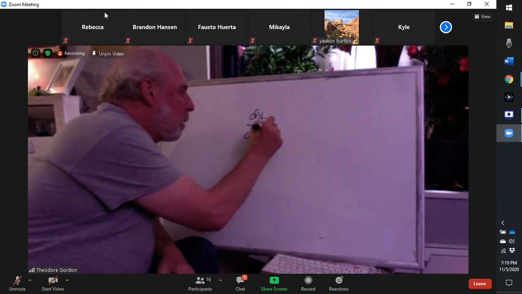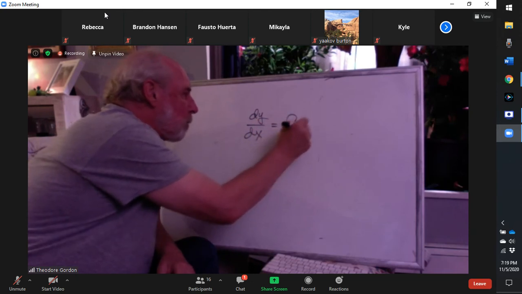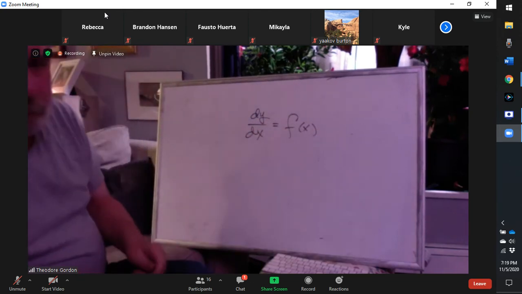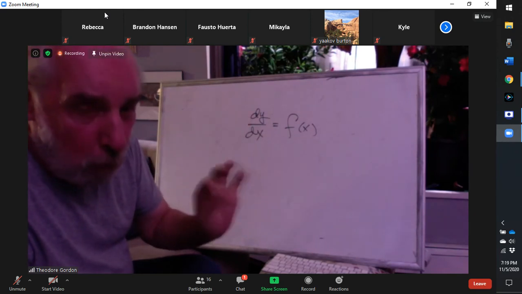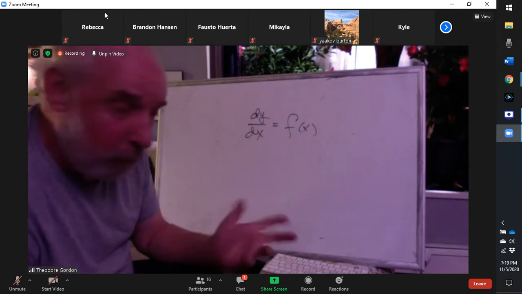So when we say that a derivative is equal to some function, this is the first derivative, so this is something called a first order derivative. You can also have second, third, fourth, and fifth derivatives.